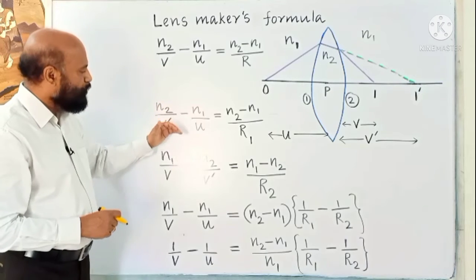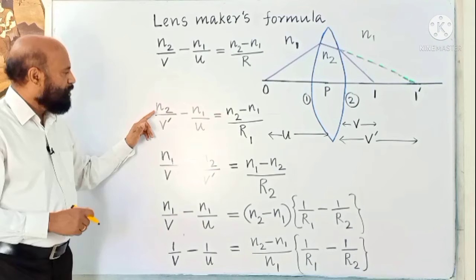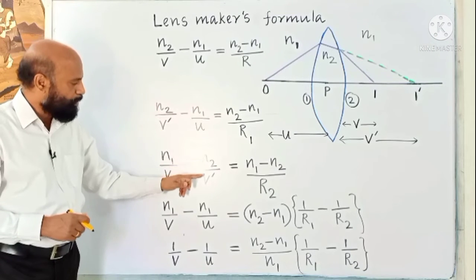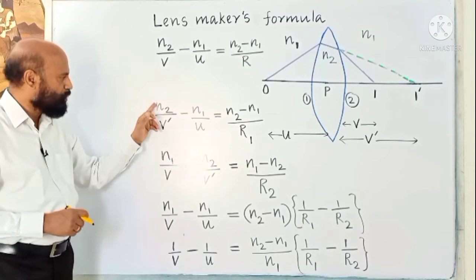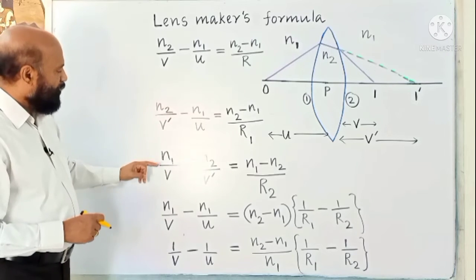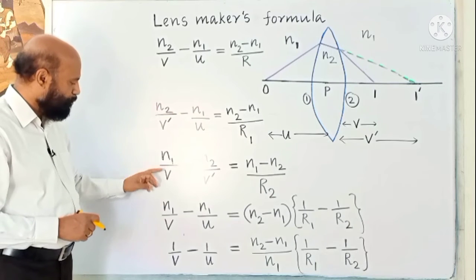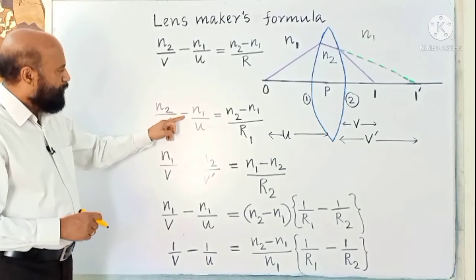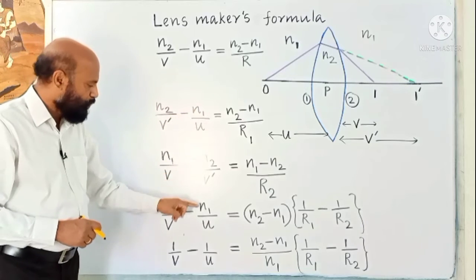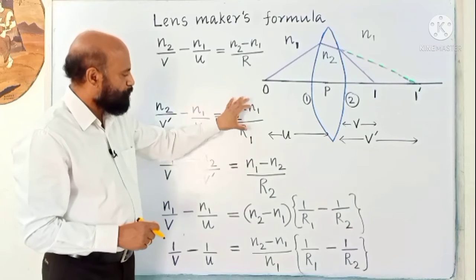Now add these two equations. When we add them, you can see N2 by V dash and minus N2 by V dash, so this term gets cancelled. Here you will get N1 by V minus N1 by U is equal to the sum of the right hand sides.